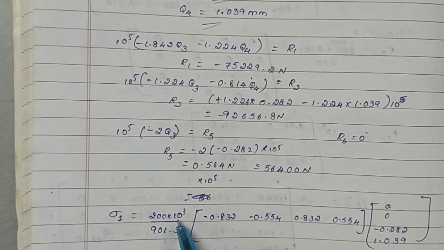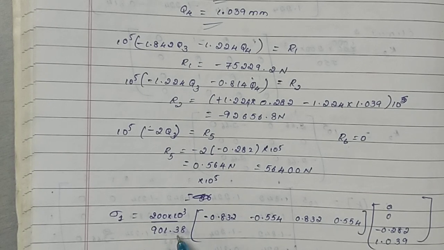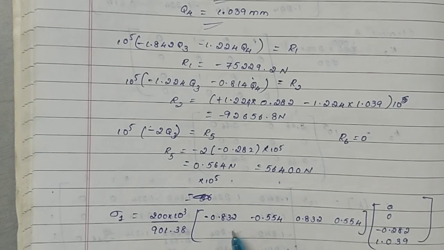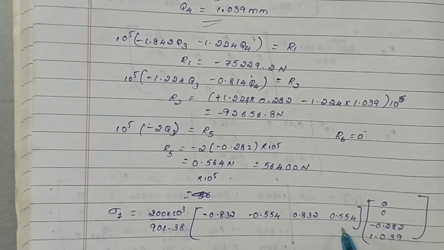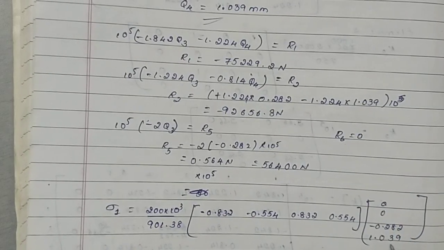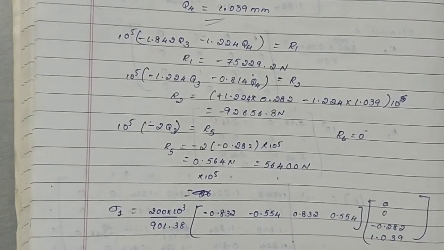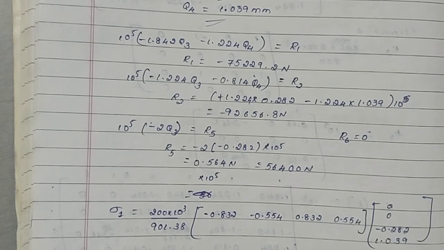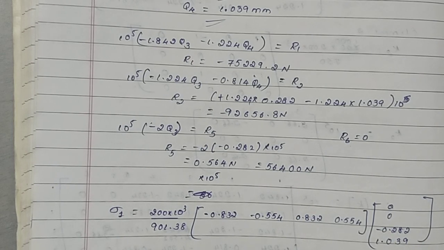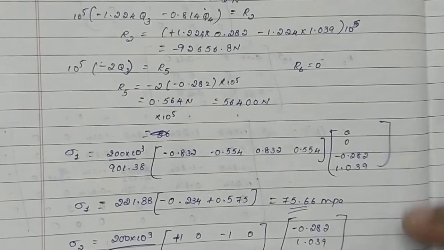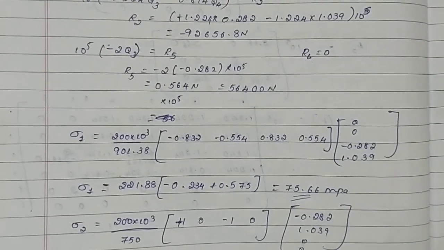Then sigma 1 is equal to E divided by LE times minus L, minus M, L, M, times Q1, Q2, Q3, Q4. Simplify it, you will get 75.66 MPa. Sigma 2 is the same thing, E divided by LE of the second element, minus L, minus M, L, M of the second element, and Q3, Q4, Q5, Q6.